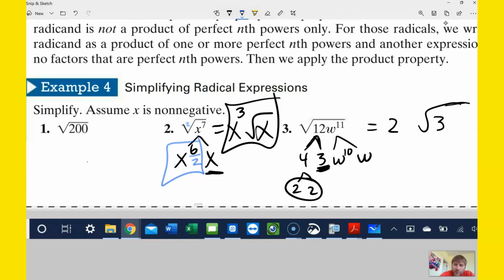Then I'm going to put that 10 over 2, and it's going to come out. All right, so what is it when it comes out? It's w to the what? To the 5th, because 10 over 2 reduces to 5. And then there's this extra w that has to stay under the radical with that 3. So this is my answer.